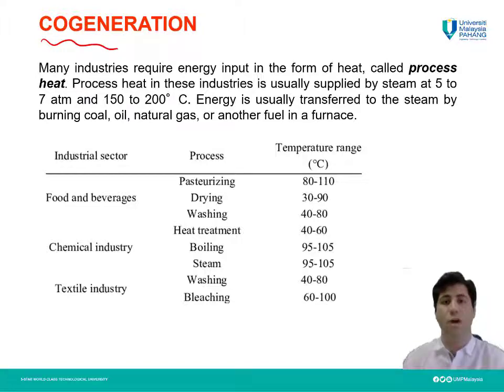Let me just review what we had for the Rankine power cycle and its main components. If you remember, we had four main components: pump, boiler, condenser, and turbine. Let me show something simple here.